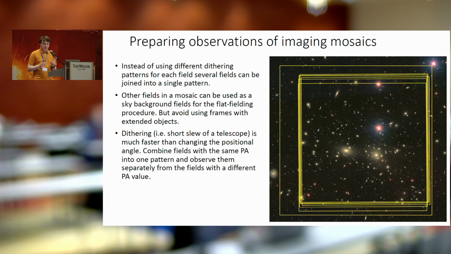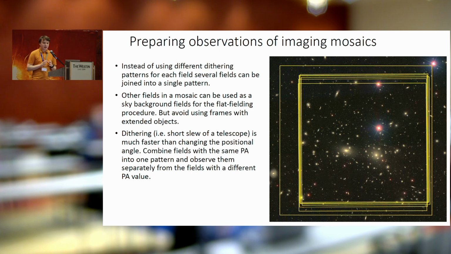And this is the main reason why it's better to do a joint dithering catalog for different nearby fields instead of doing dithering patterns for each field separately.